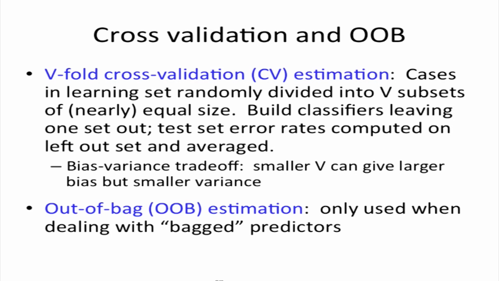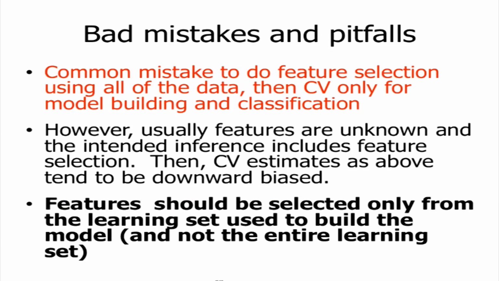So let's come to bad mistakes that a data analyst can make. It's a common mistake to first do feature selection on all the data and then do cross-validation and model building using these pre-selected features. What do I mean? Imagine you apply linear discriminant analysis to a data set.